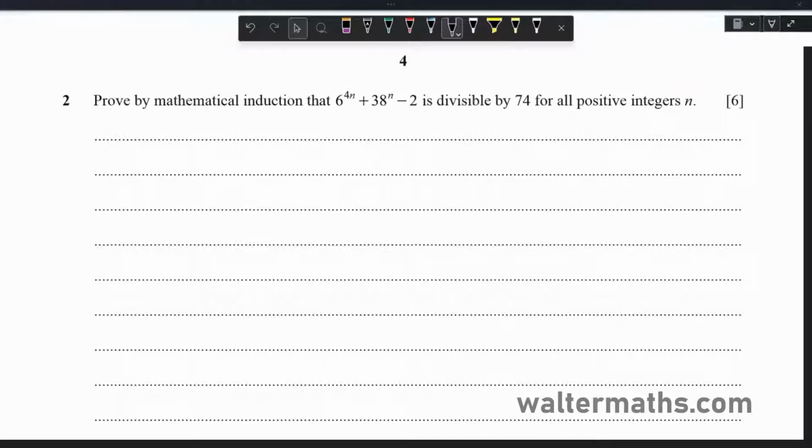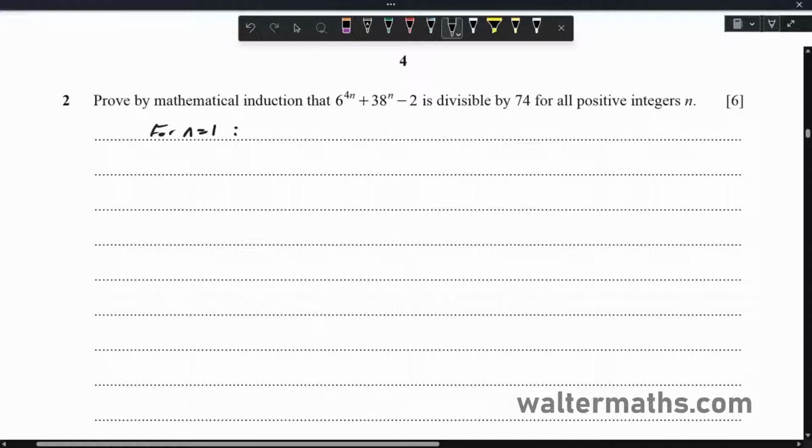So on question number 2, it says, prove by mathematical induction that 6 to the 4n plus 38 to the n minus 2 is divisible by 74 for all positive integers n. Alright, so we're going to start with proving for n equals 1.